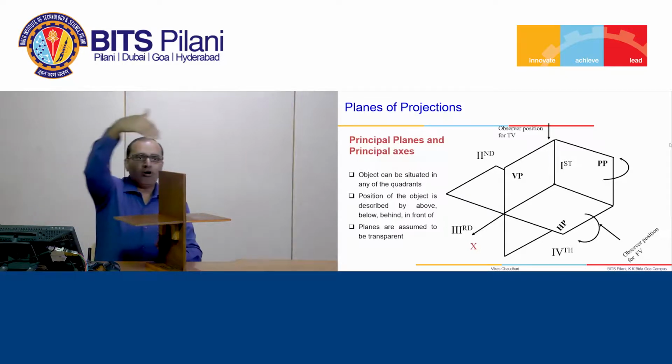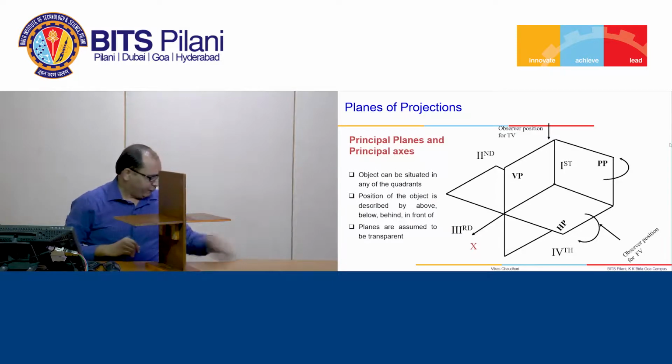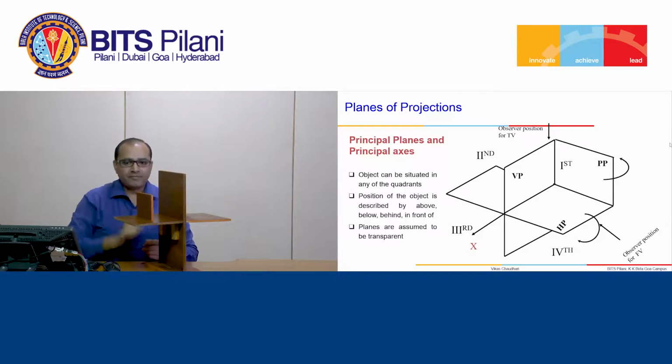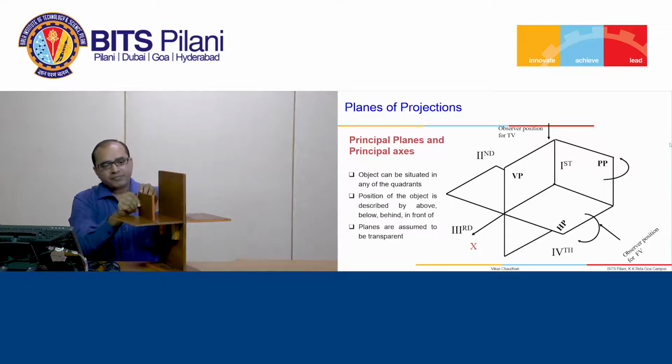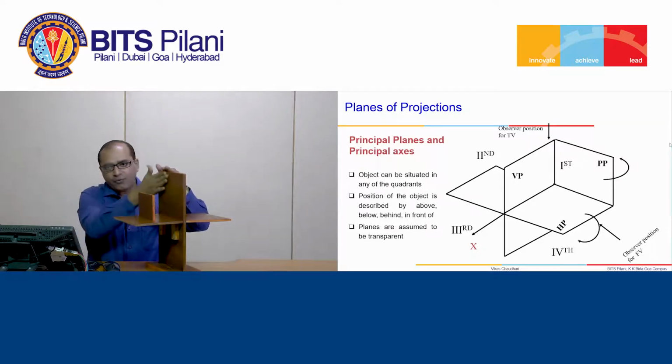For top view, observer will be here. So first quadrant and second quadrant will be nearer to the observer. Okay. And if suppose the object, this particular object, is placed here, then observer will be here. So front view will be projected on the vertical plane.